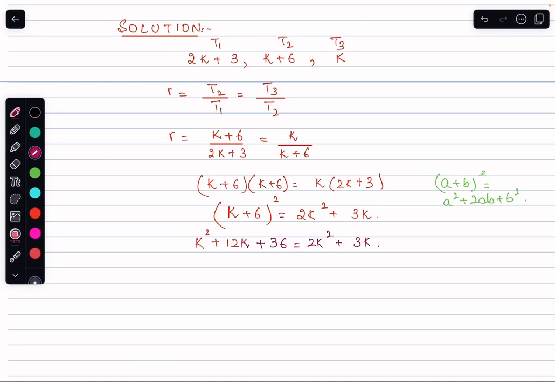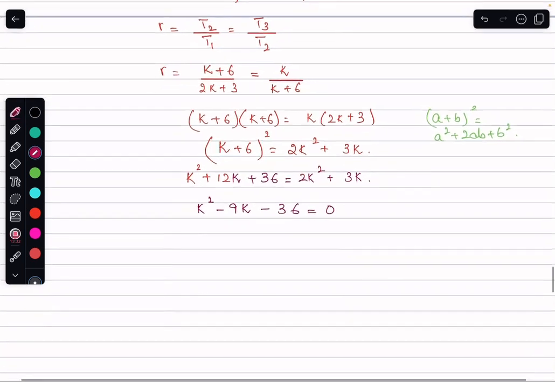Solving it further, I can say that this is 2k square minus k square, that will give me k square, plus 3k minus 12k, that is 9k, and then here I should be having a negative 36, and this shall be equal to 0.